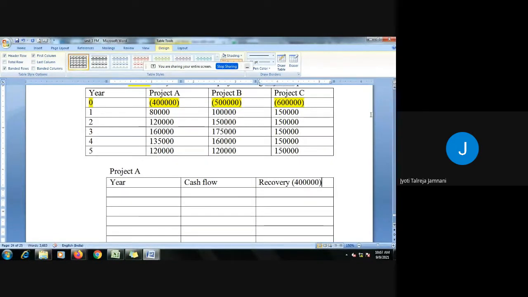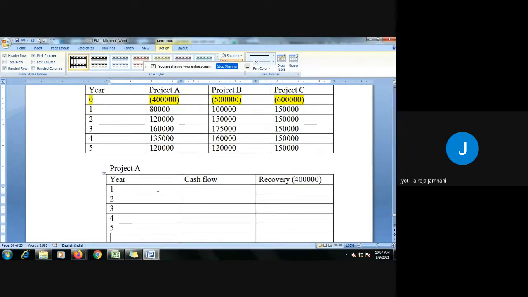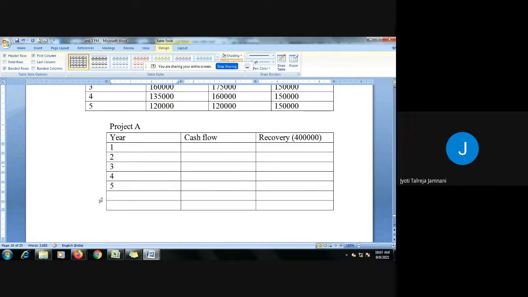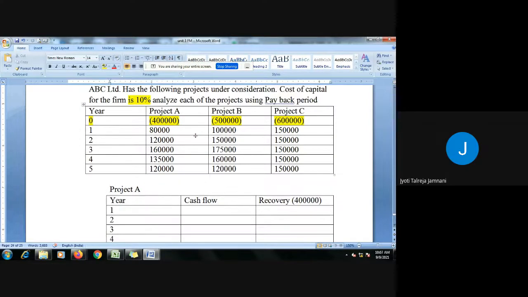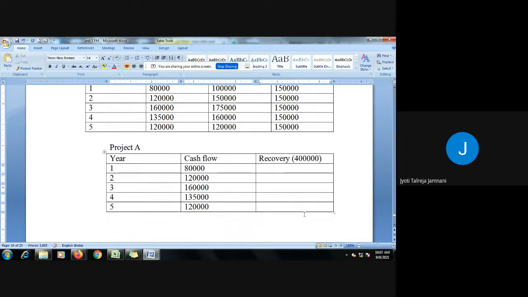Under years we have from 1 to 5. 0 is the investment, so I'm not taking 0. Cash flows, we'll copy it here. It's from 80,000 to 120,000. Recovery, every year we are going to recover certain cash flows.